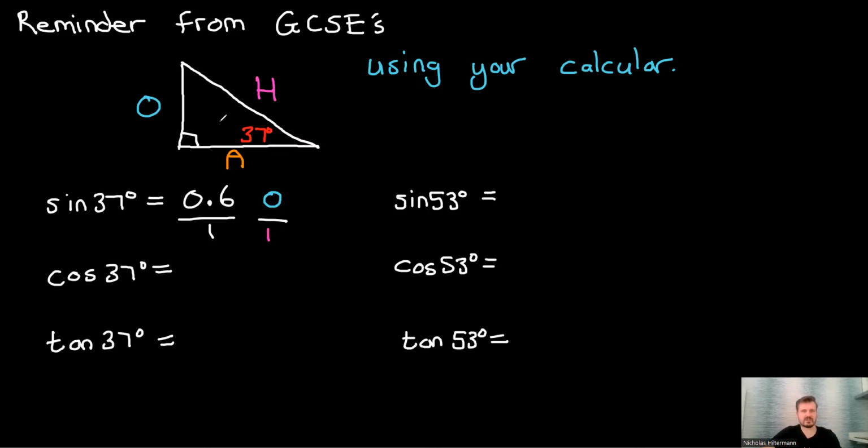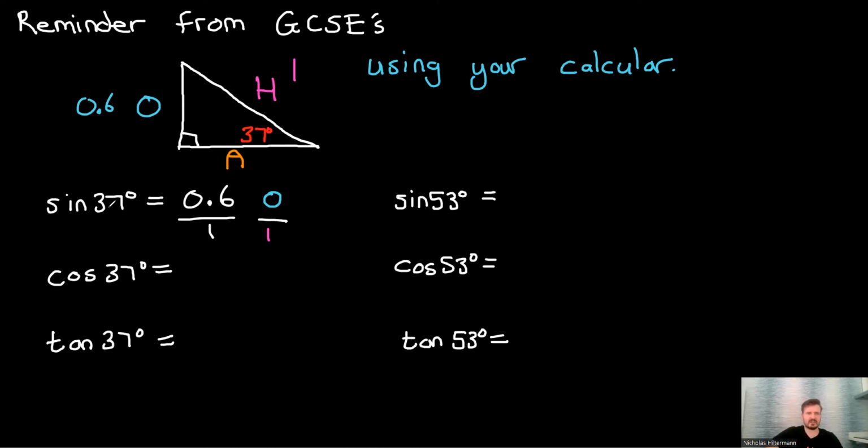And so if this was a triangle with a hypotenuse of 1, then the side opposite would be 0.6. But because we know this is in proportion, if the hypotenuse was 2, then the opposite would be 1.2, because you always have the same ratios. So this is just calculator work.